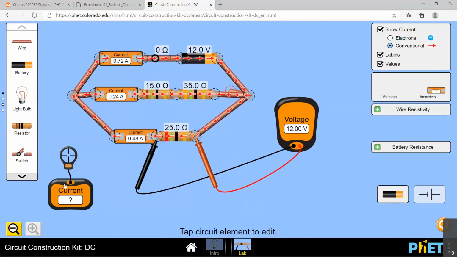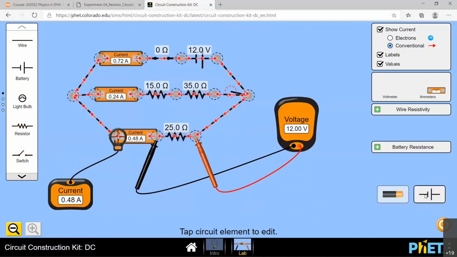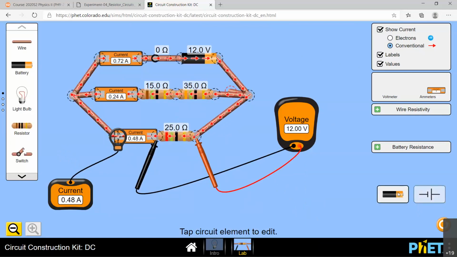Then it's a nice circuit showing all the values. And also you can check how the circuit symbols look by clicking the symbols on your right hand side, very lower. You can change the whole circuit into circuit signs, or you can keep it as real life scenario.